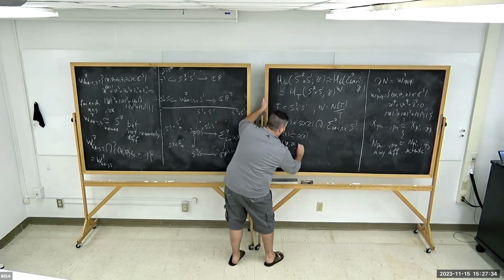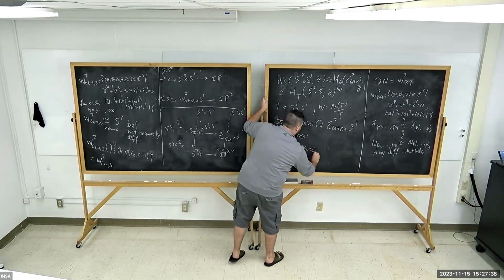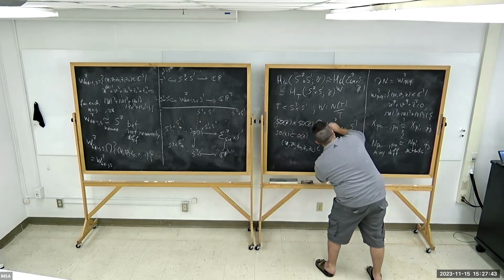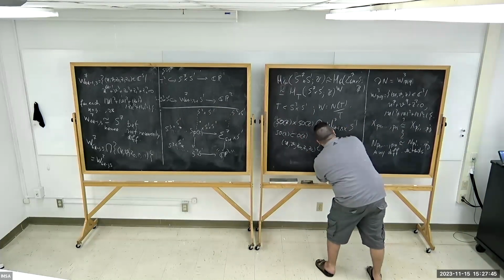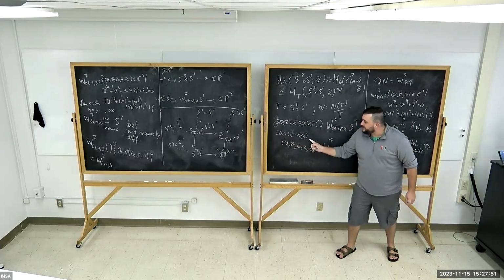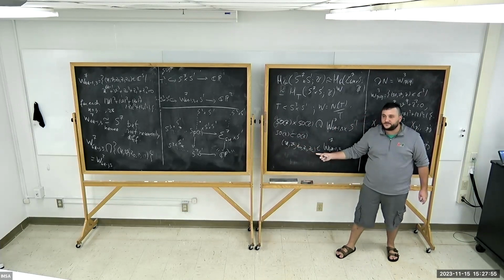We have Z0, Z1, Z2 belonging to this pole. We have this point here, and then we see the SO3 action acting as U3 only on these three coordinates.